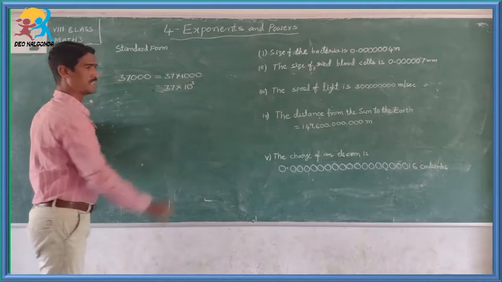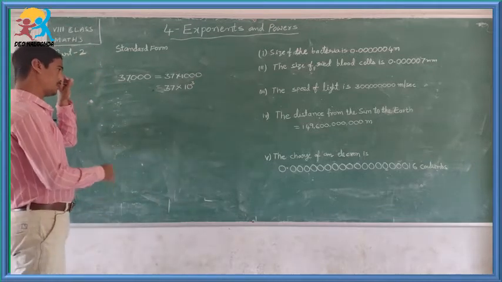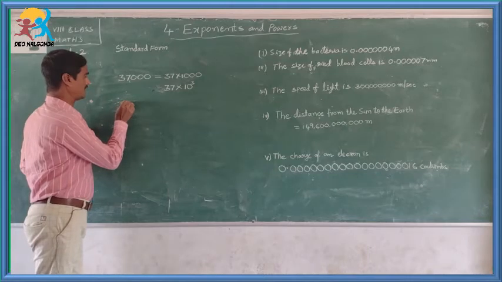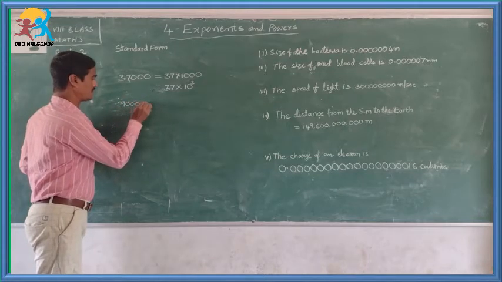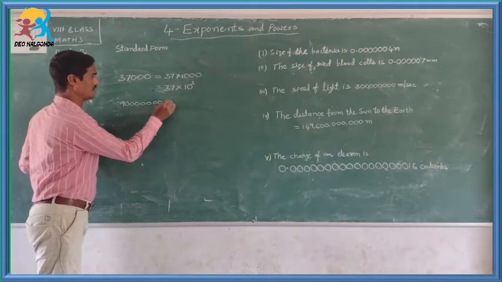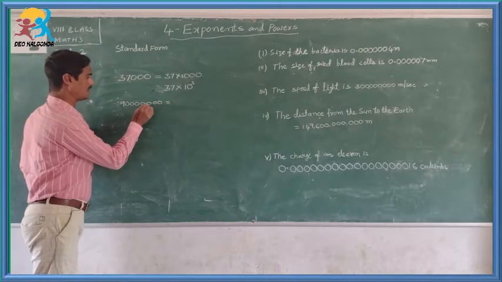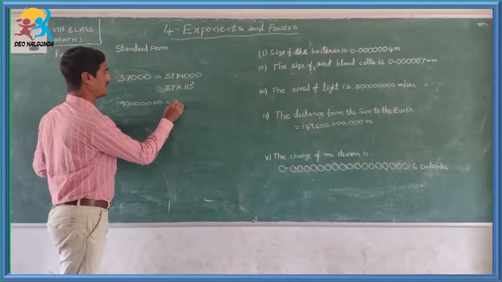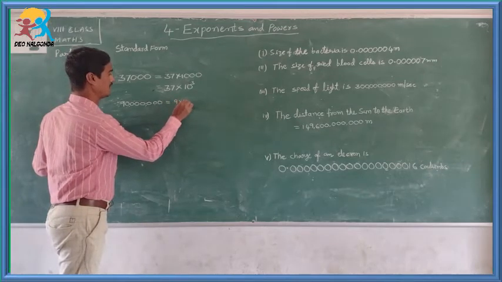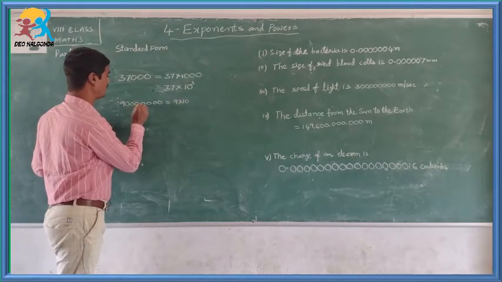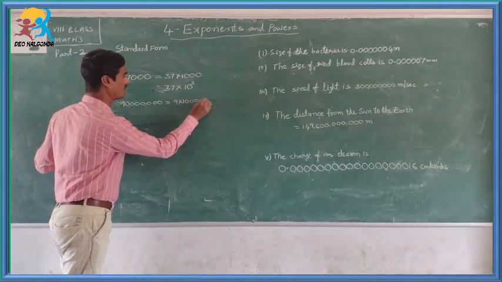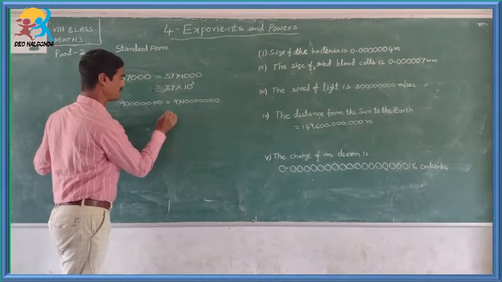Suppose 90,000,000. That means how many zeros here? 90 millions. So 9 into 10 millions. 1, 2, 3, 4, 5, 6, 7 zeros.